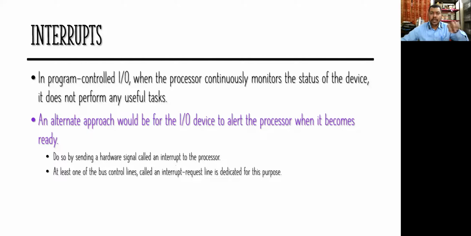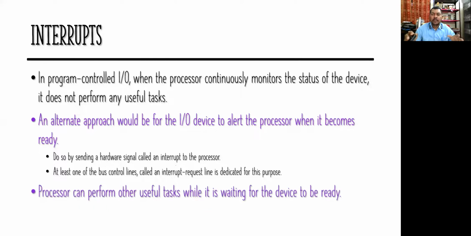As soon as the processor receives this call, at least one of the bus control lines, called an interrupt request line, is dedicated for this purpose. डेडिकेटेड फॉर दिस पर्पस, कि वो सिर्फ अपना सिग्नल लेने के लिए आएगा, इंटरप्ट आया है या नहीं. So one of the data lines or the control lines, which is called the interrupt request line, is dedicated for this purpose.